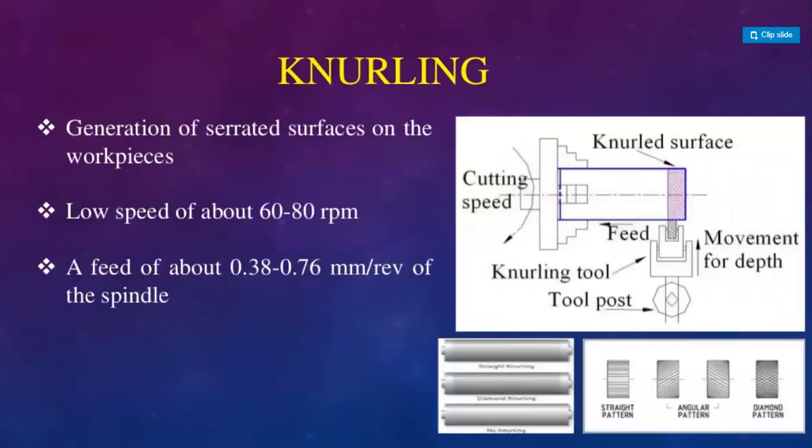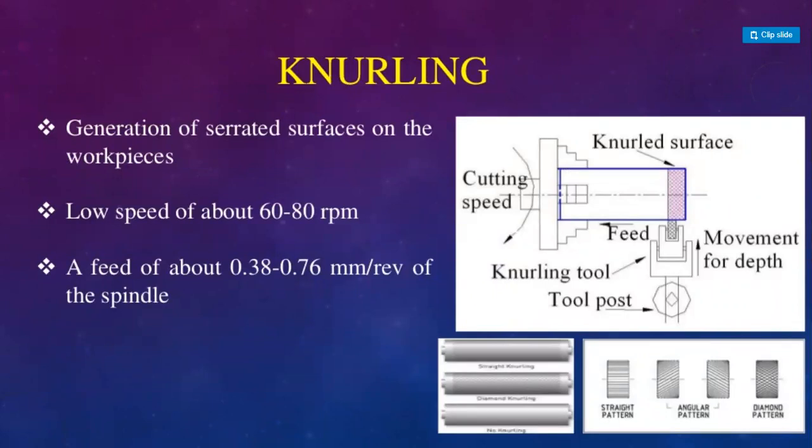Next is knurling. Knurling is one of the important operations. Basically, knurling is used for gripping purposes. If we want to make any type of impression on a metal, then we prefer this operation.